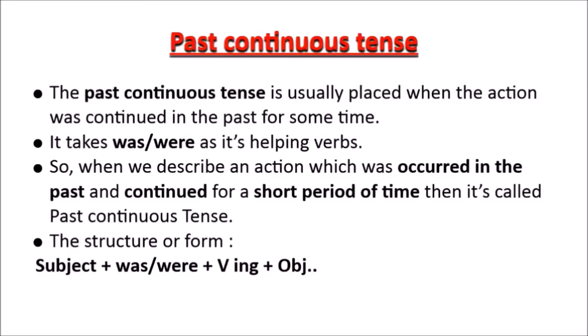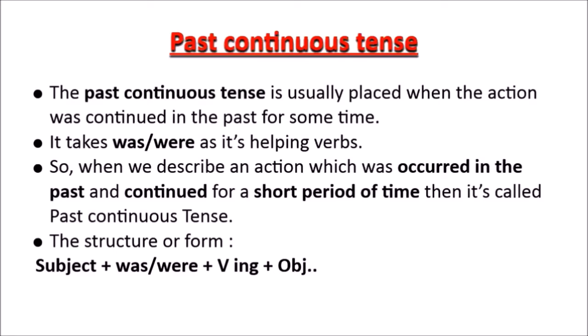Next we are moving on to past continuous tense. So this is the second type of tense in which form? Continuous form. Good. So look at the definition given there. The past continuous tense is usually placed when the action was continued in the past for some time. So where we will use past continuous tense?